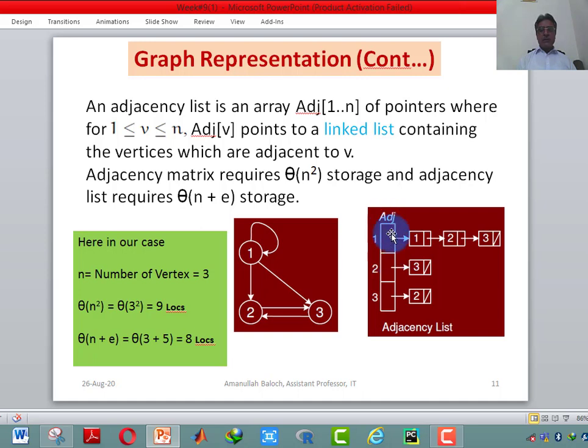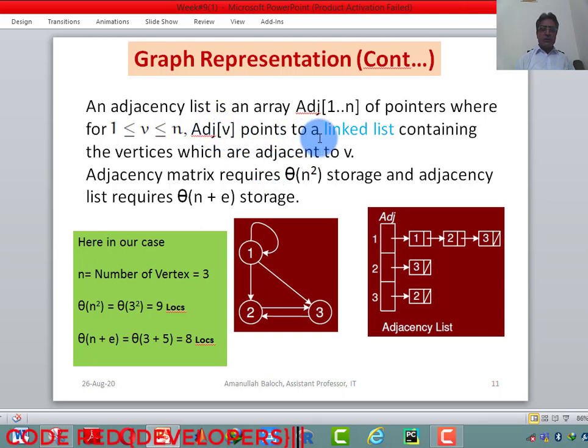So it is a list of pointers, where v is greater than or equal to 1 and less than or equal to n. So the value of v will be greater than or equal to 1 and less than or equal to 3. Adjacent of v, where the value of v is 1, this address is the pointer.